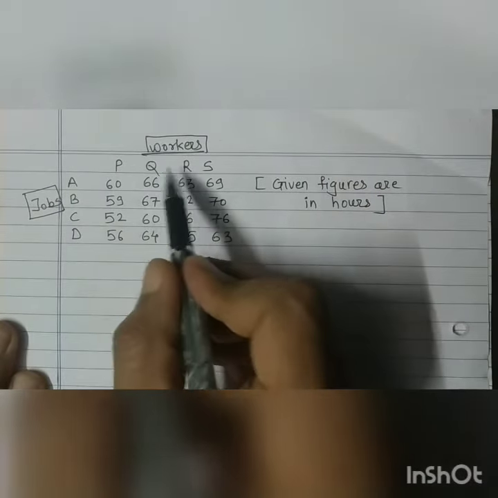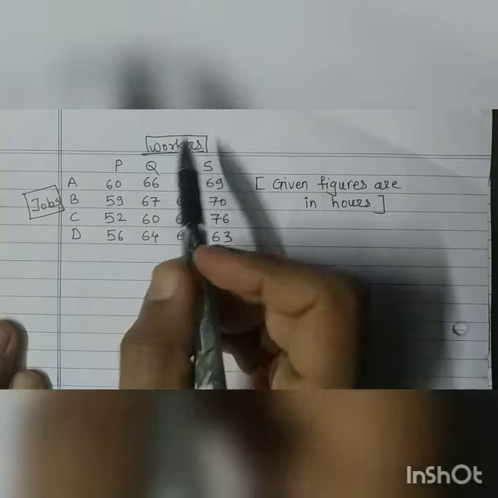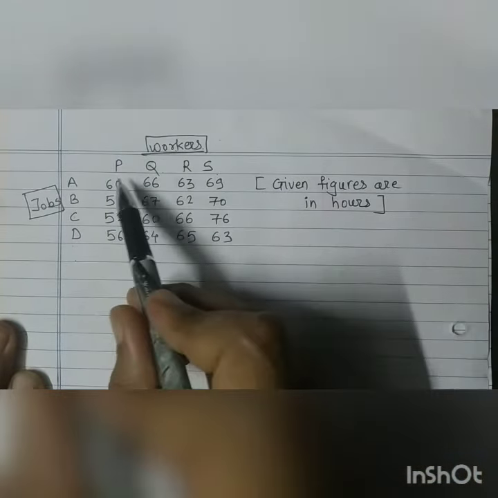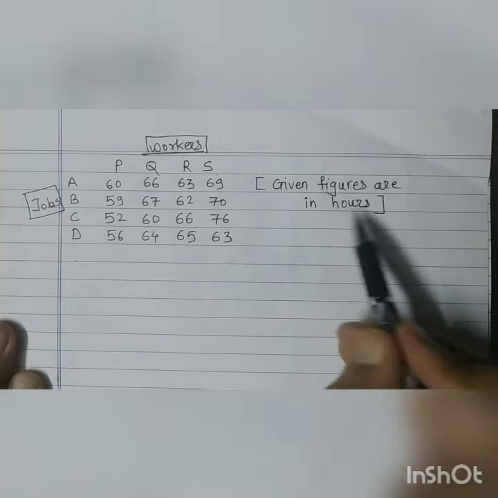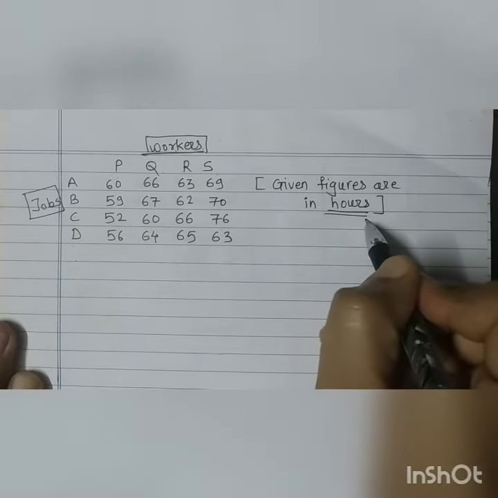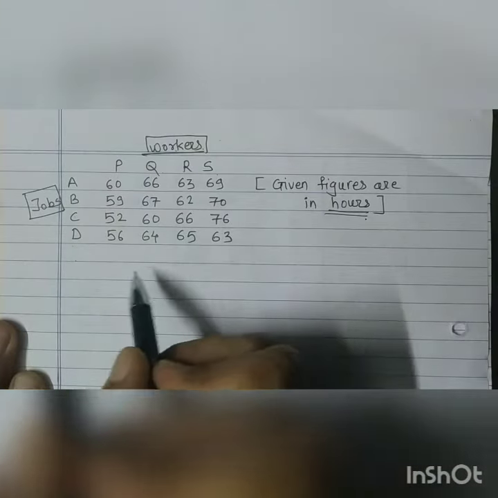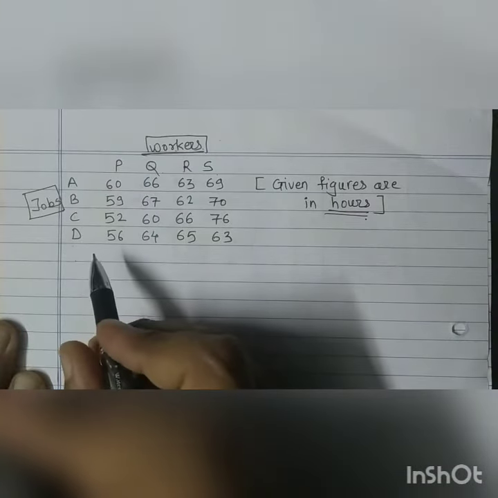So take this problem. Here P, Q, R, S are workers and A, B, C, D are jobs. The figures given in the matrix are in hours. As hours are given, this problem is of minimization because we have to do the assignment in such a way that total operating hours are minimum.